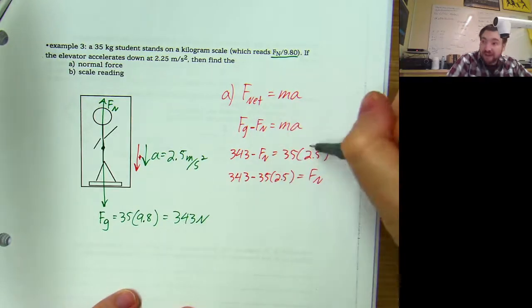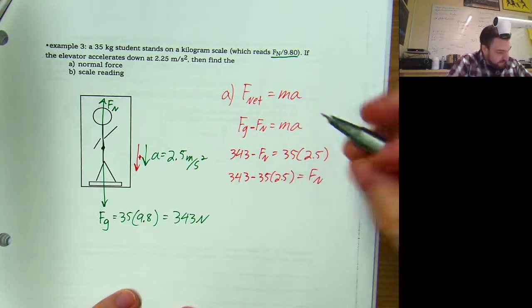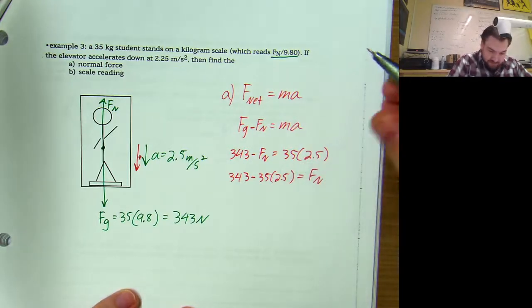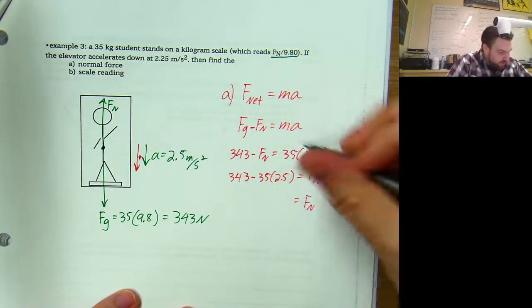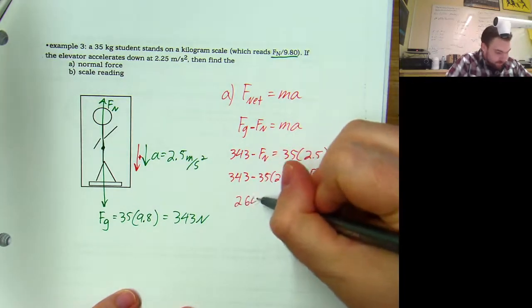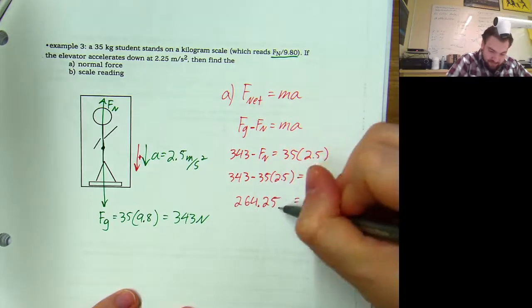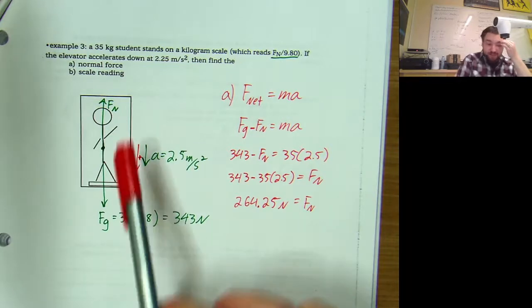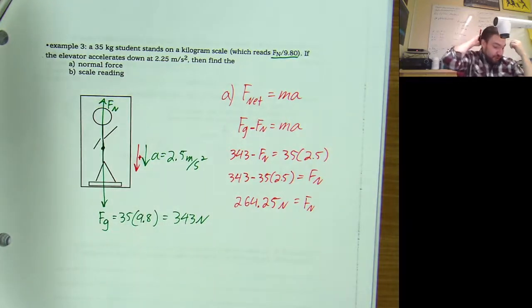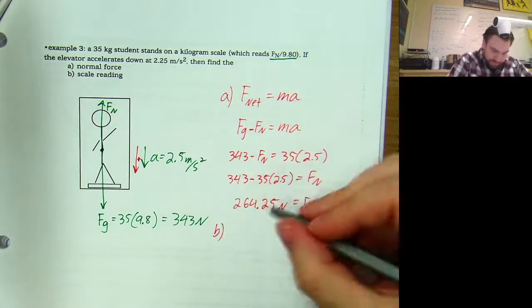I just added that over and subtracted this over. We're going to find that Fn equals 264.25 newtons. The acceleration is downward, so we expect Fg to be larger than Fn, and it is.